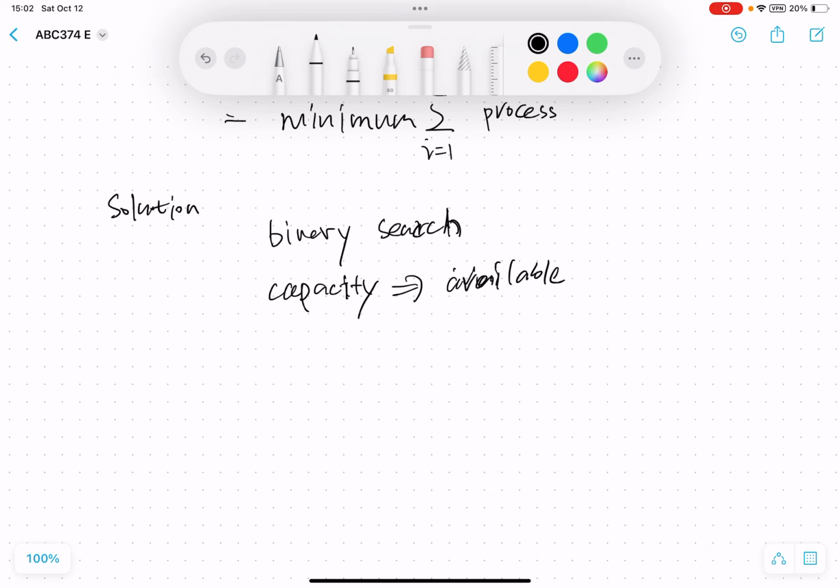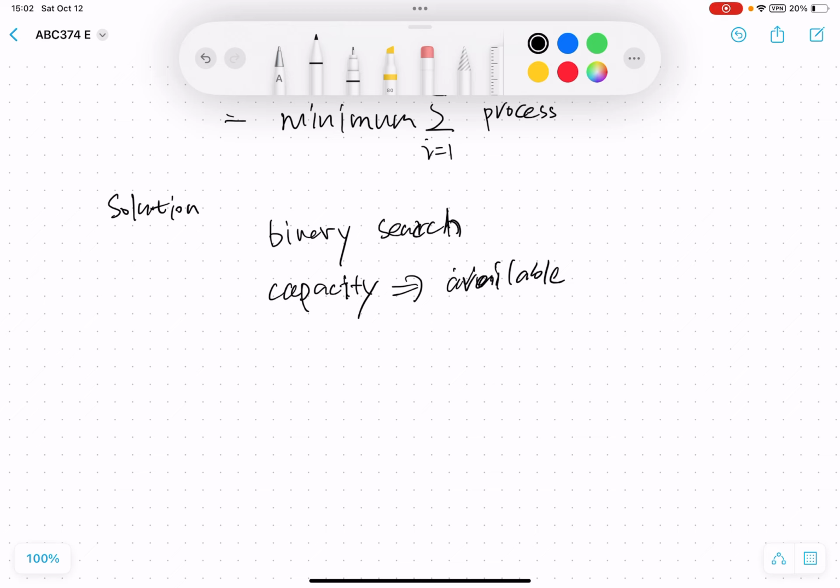If it is available, you can increase this value and check the larger part. If it is not available, you should switch to the left, that means the smaller part of the whole interval.